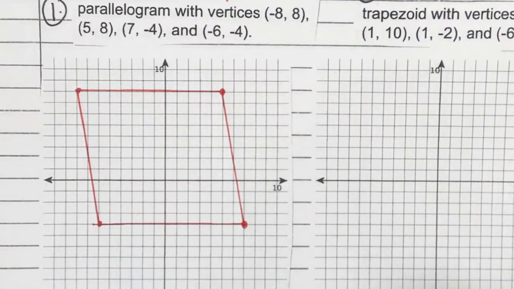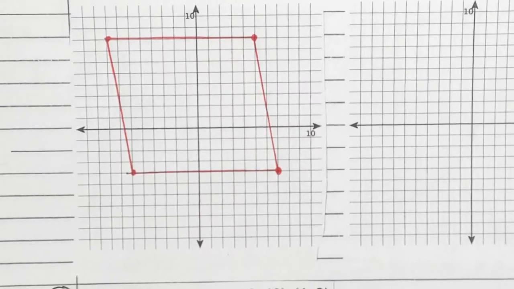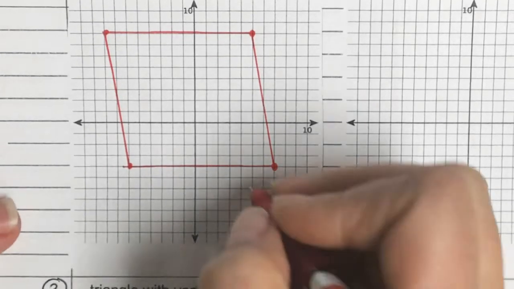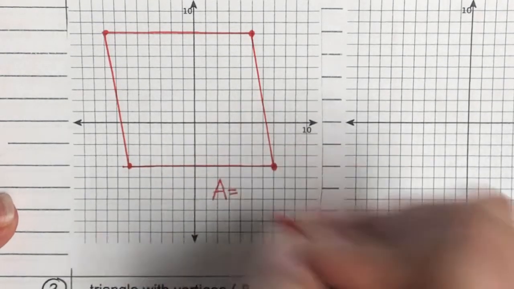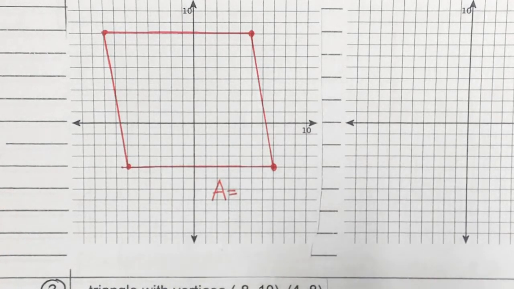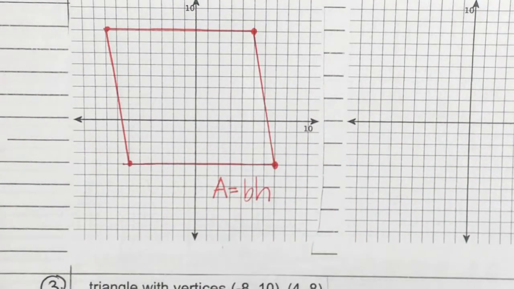once you have your shape drawn, like it said, it is a parallelogram. Okay. What measurements do we need to find the area of our parallelogram? Yep. The base and the height. Okay? So base times height is our formula for parallelogram.